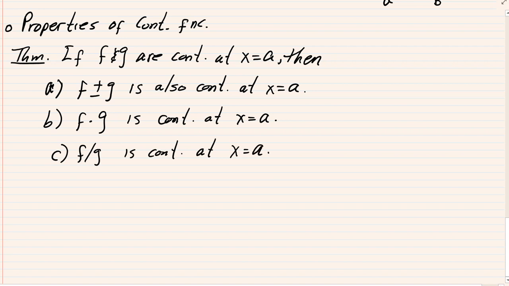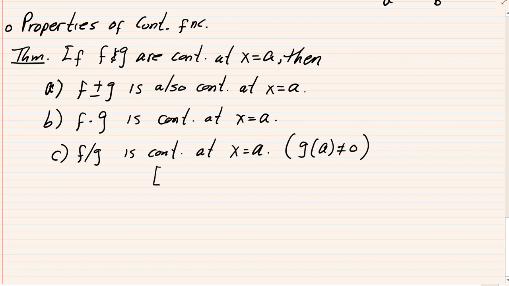Now, for part C, where we have a fraction, a rational function really, g at a cannot be 0 because of division by 0.